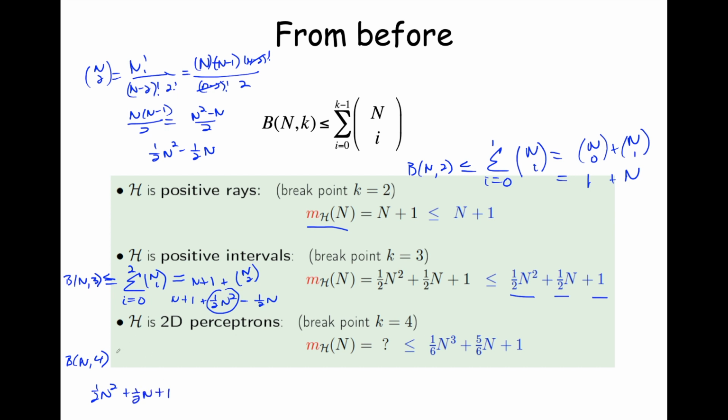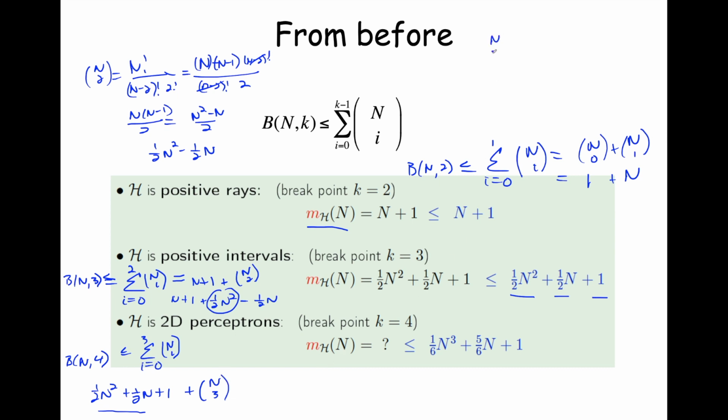But what we're doing is we're adding to that. We have the sum, i goes from 0 to k minus 1, which is 3, of n choose i. And so we now need to add to this expression n choose 3. Let me do the calculation up here.